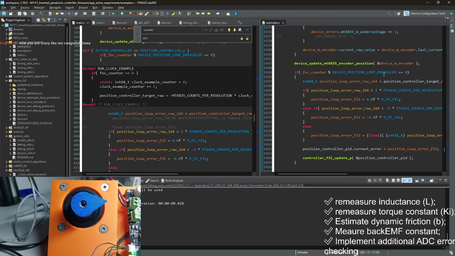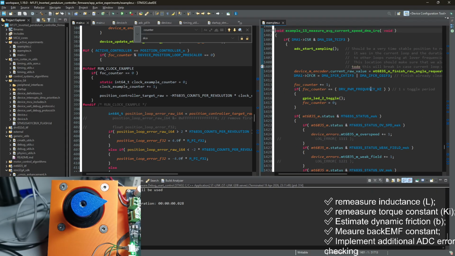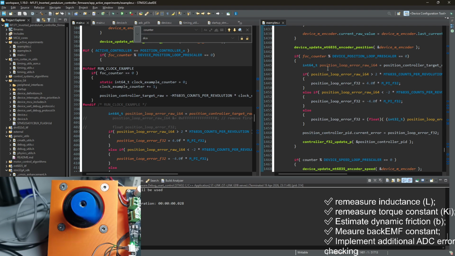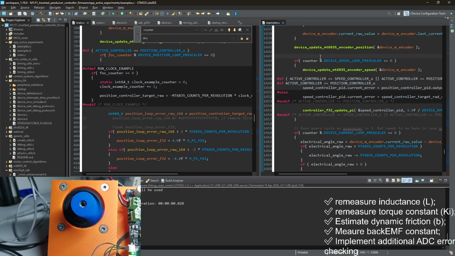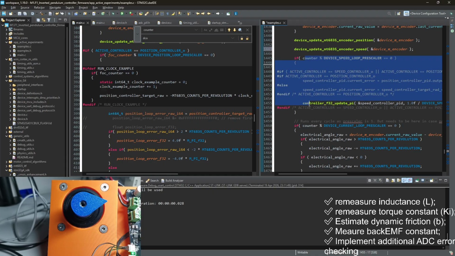A device position loop prescaler. Actually, why am I even doing this? We don't need this because we don't need position loop. Updating order position we do need, but position loop prescaler, nope. Removed. Device speed loop prescaler. We need to update device speed because we need to measure it, but we don't need the loop itself. So removed.